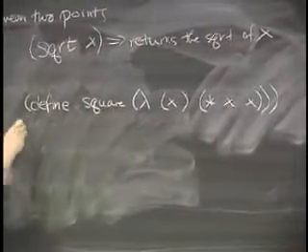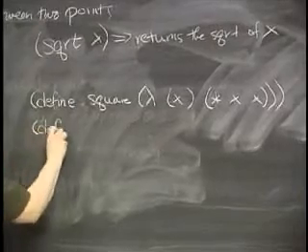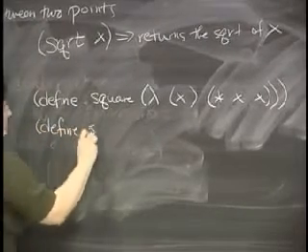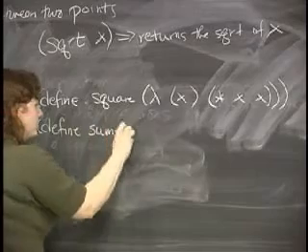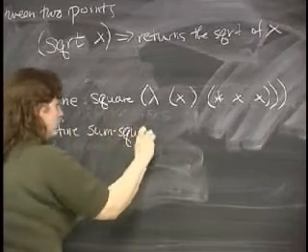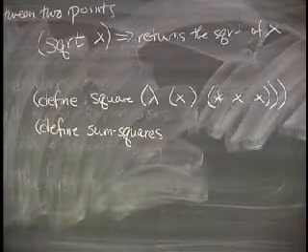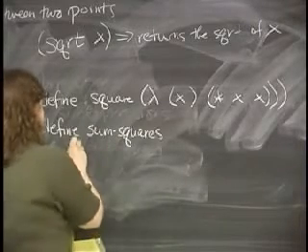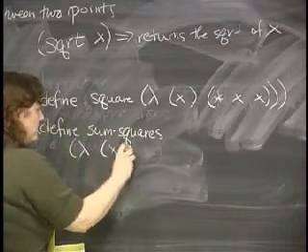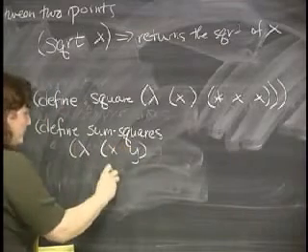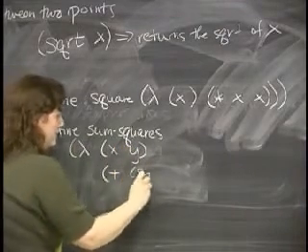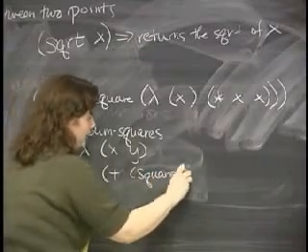So let's write a procedure called sum squares. So we're adding two squares together. How many variables? Two. Lambda x y. Add the square of x to the square of y.